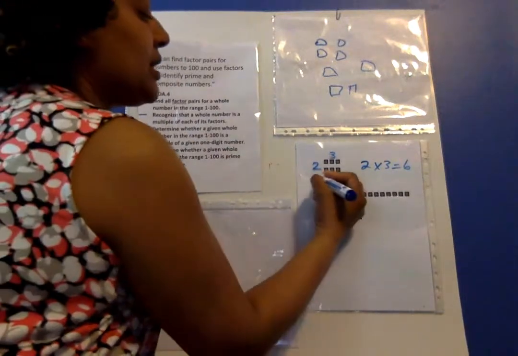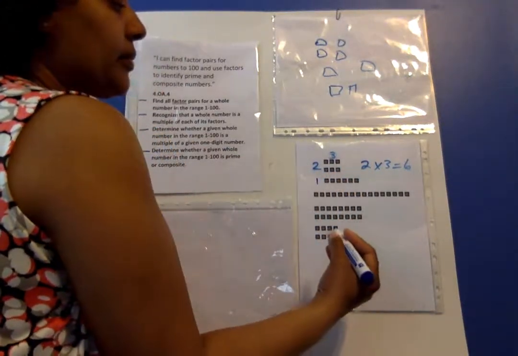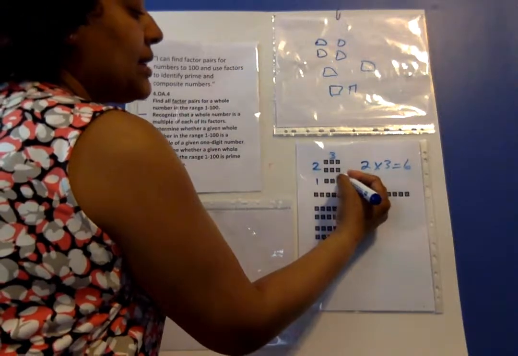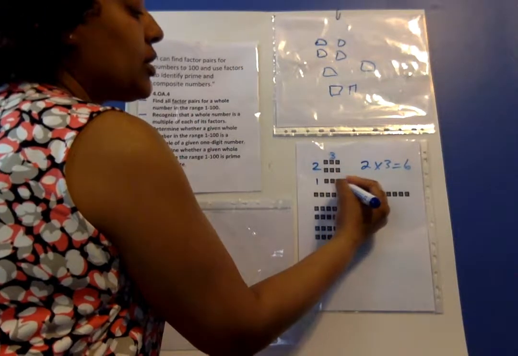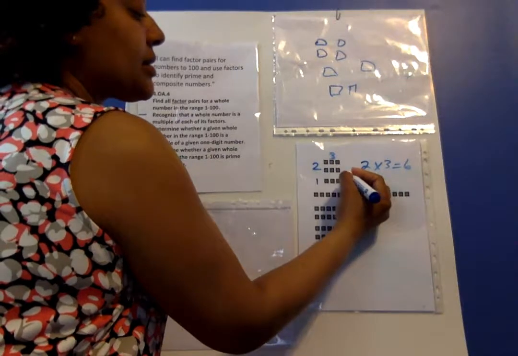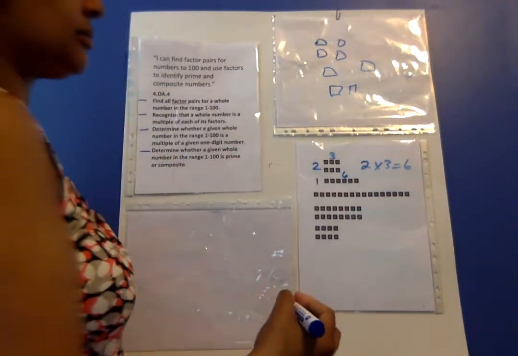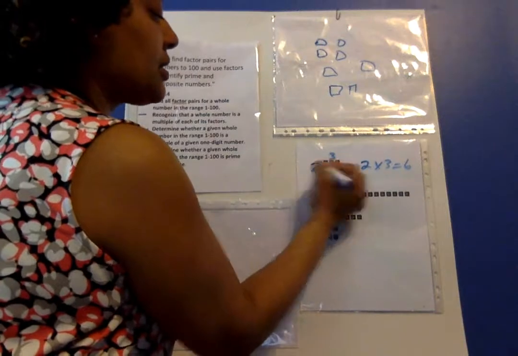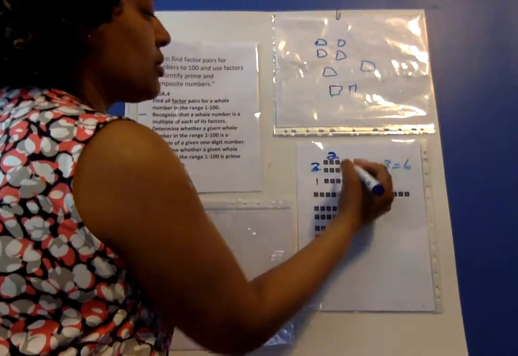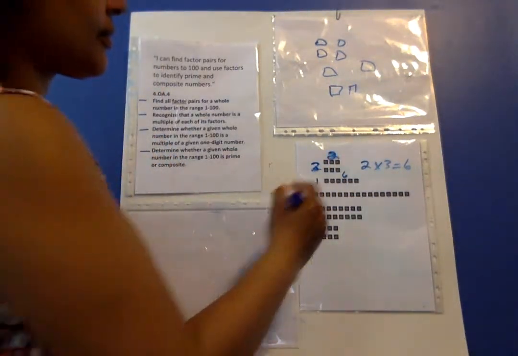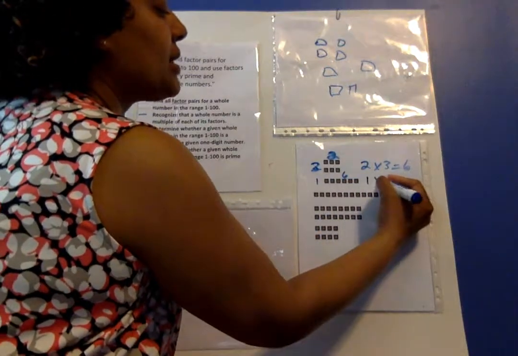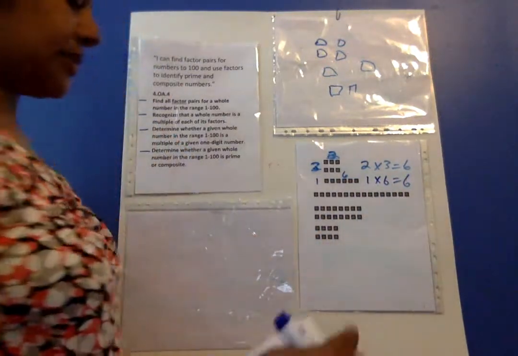Another student did 1 row and they did 1, 2, 3, 4, 5, 6. 6 in a row. So 1 times 6 equals 6.